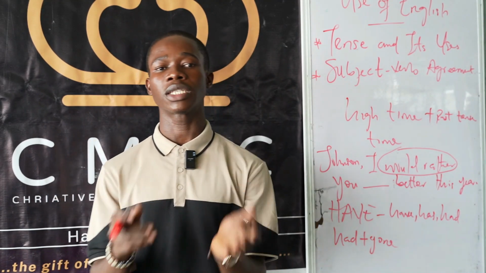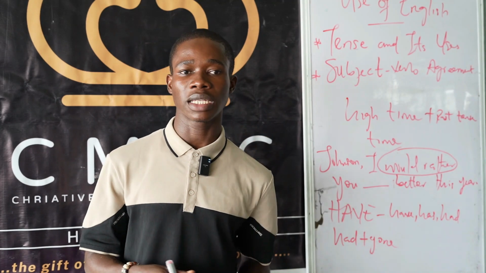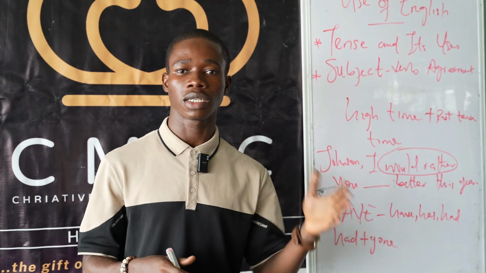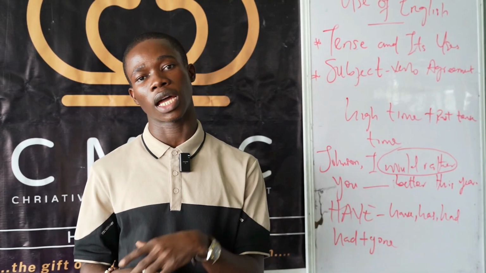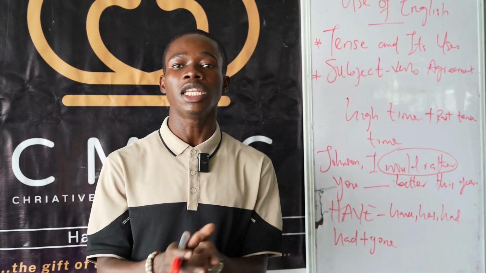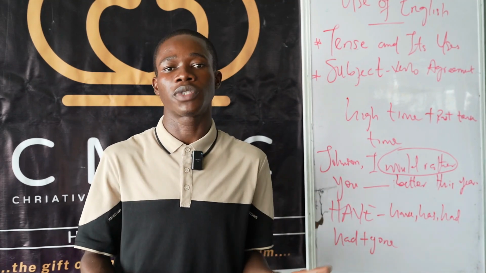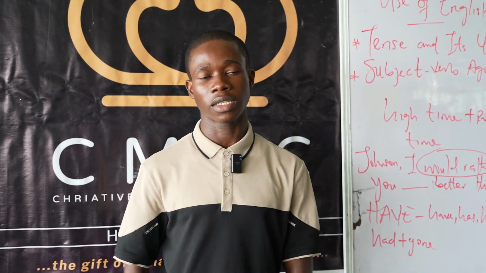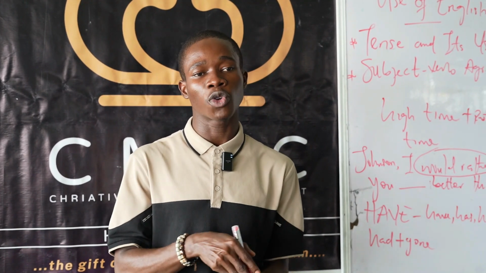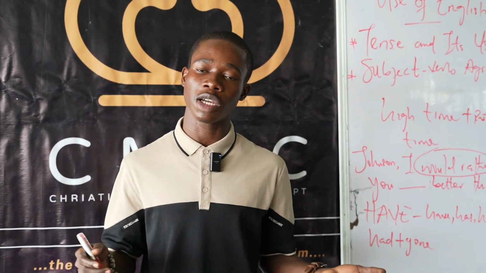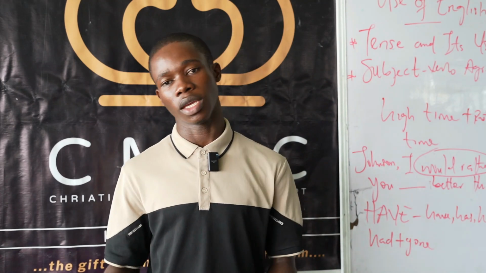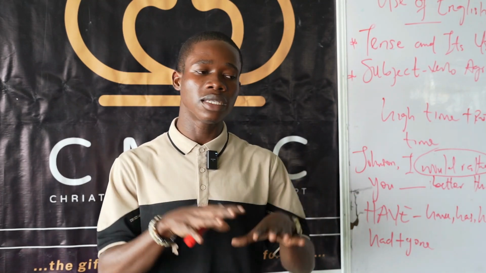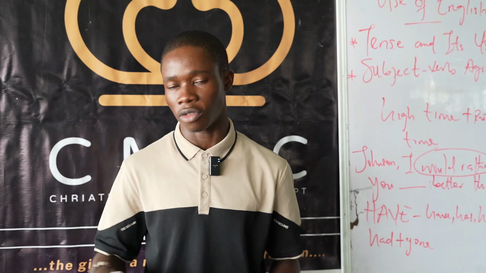Now, the basic rule says in the simple present tense, the singular subject goes with a singular verb. He sleeps here. He, singular, plus the verb sleeps. You see that? Then the plural subject goes with a plural verb. They sleep here. They sleep here.